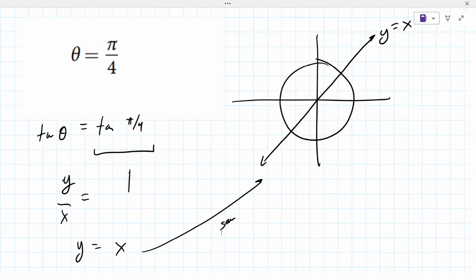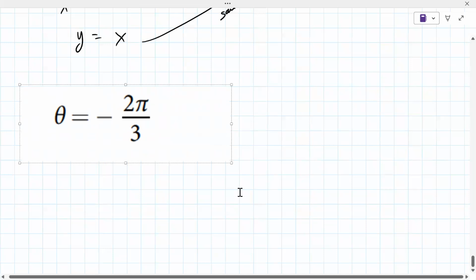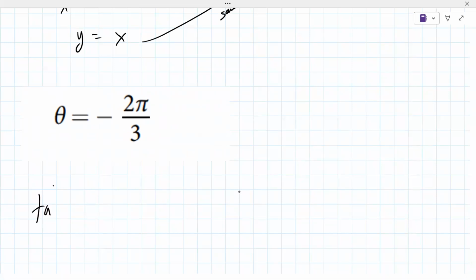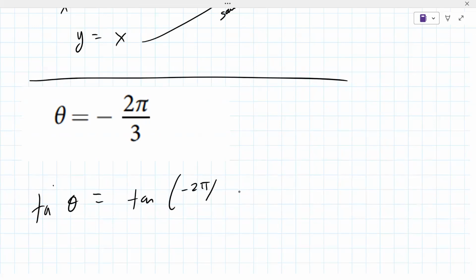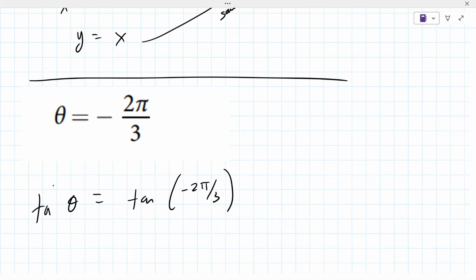Okay, so let's really quickly here for our last problem, we're going to do the same thing. Do you have a unit circle handy or not? Yes. Okay, so we're going to take the tangent of both sides. Tangent of theta equals the tangent of minus 2 pi over 3. Can you tell me the result of this on the right, please?